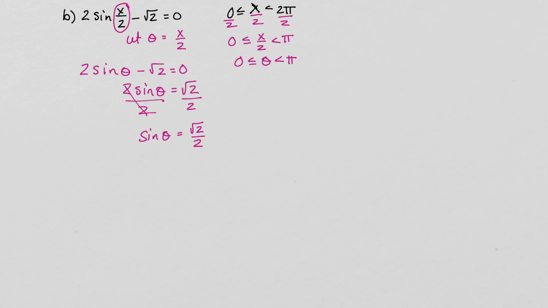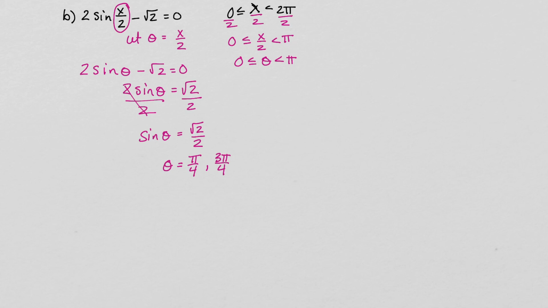So if I look between 0 and pi, I end up with theta being equal to pi over 4, since root 2 over 2 would be pi over 4, and also 3 pi over 4. So both of those are in the area from 0 to pi, and I don't have to look for anything else.